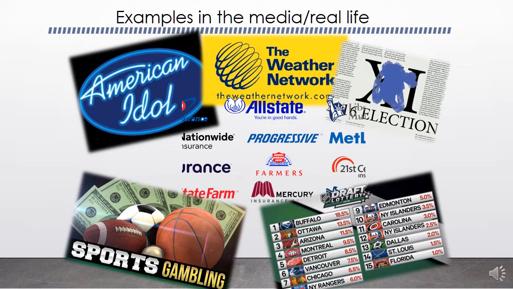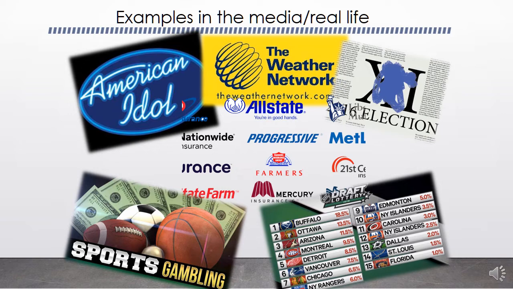We're actually going to talk a little bit about sports gambling for this lesson. Continuing with sports, draft lottery: they put a weighted number of entries, they draw, and that's how they come up with a draft lottery for the NHL and NBA.